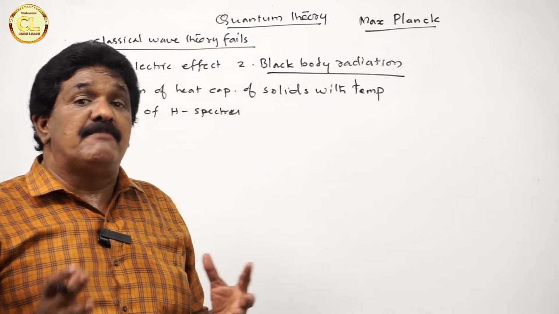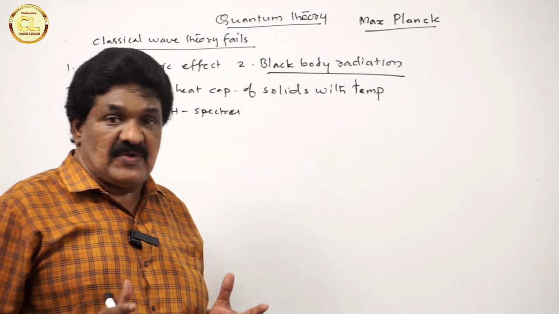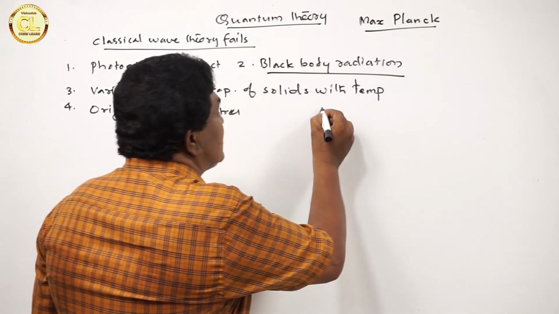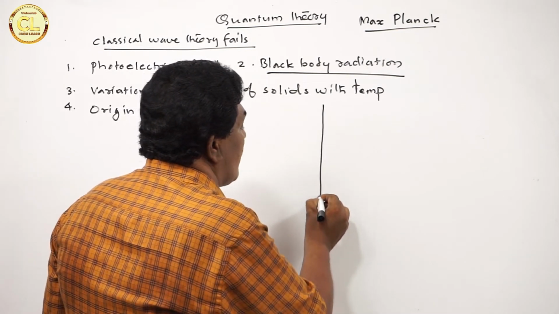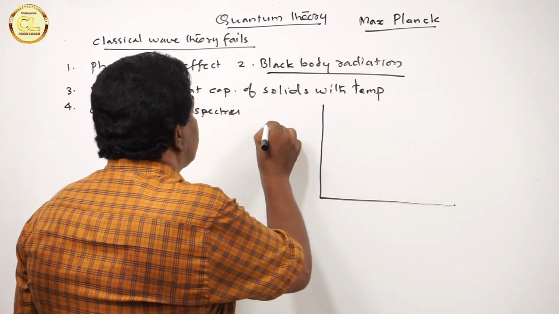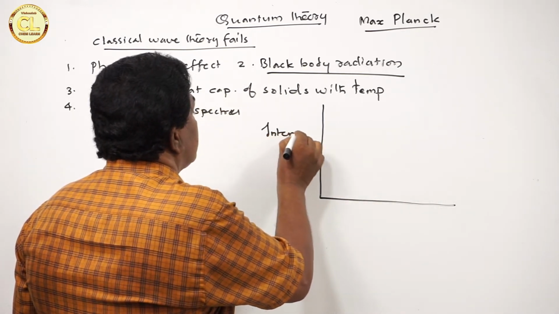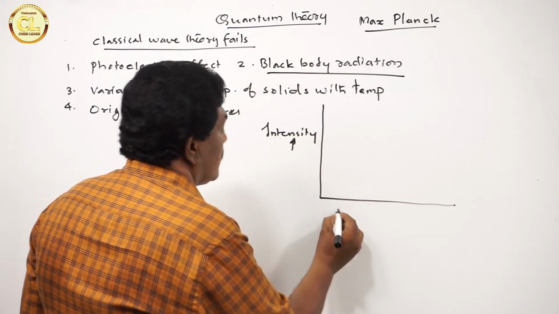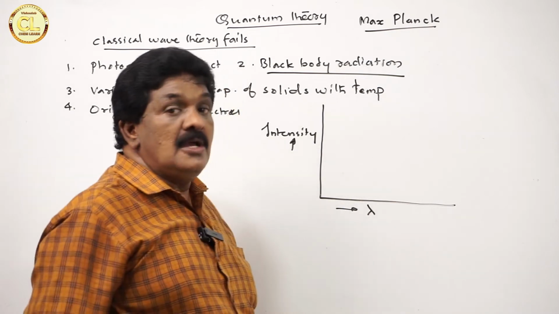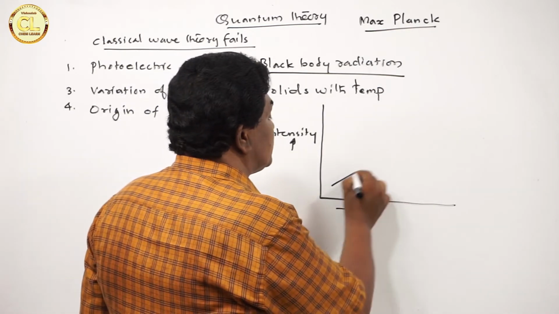The intensity of the black body radiation changes with a change in temperature. When intensity of the black body radiation values are plotted against wavelengths, the following graphs are obtained.